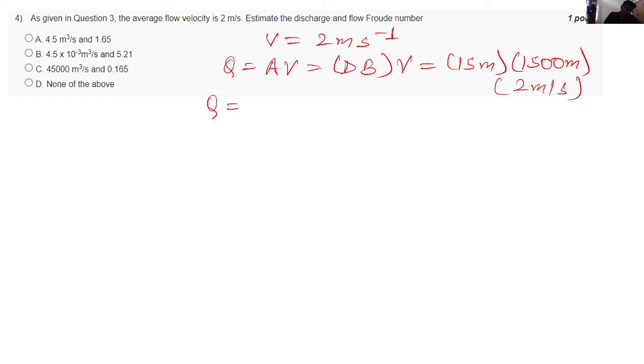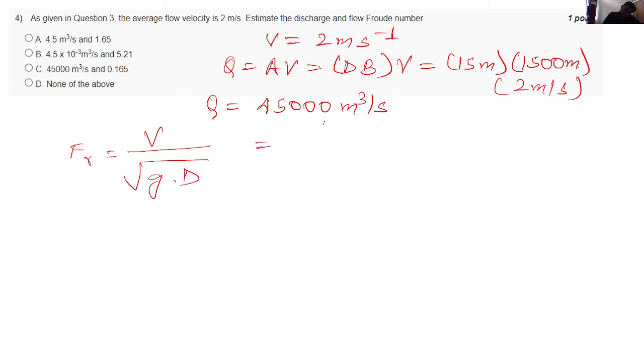So Q will be, from calculation, 45,000 meter cube per second. The Froude number we know is the ratio of the velocity to square root of g times D, which is V by square root of g times A by T. Hydraulic depth can be represented as the ratio of the cross-sectional area to the top width.